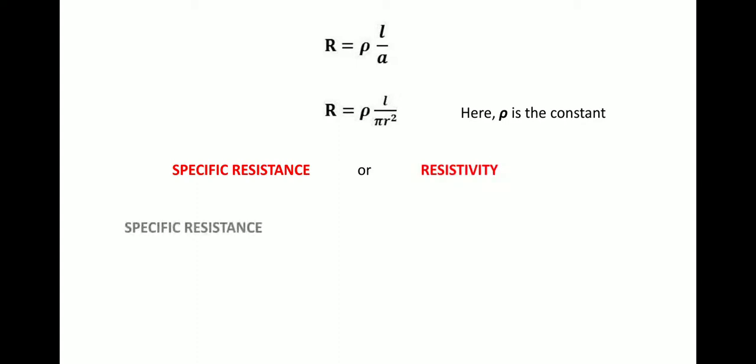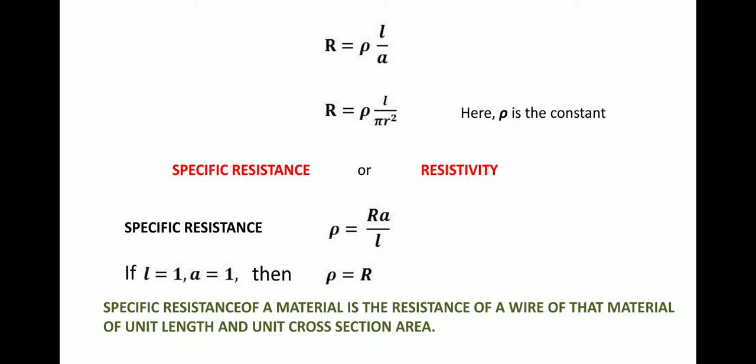Now specific resistance, from the above relation we can find that rho is equal to R A by L. If you take this A this side, it will be multiplied with R and L goes to the denominator, so you'll get rho equals R A by L. Now if L is equal to 1 and A is also equal to 1, then we get that rho is equal to R. It means the specific resistance becomes equal to the resistance of the wire if the length of the wire is 1 unit and area is also equal to 1 unit.